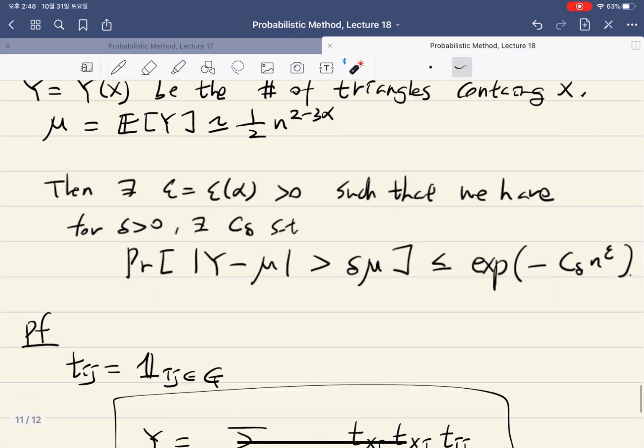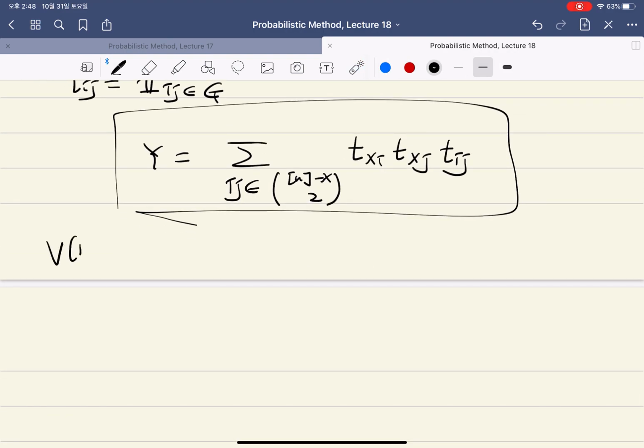In the previous setup, our hyperedges were triples ij, jk, ik.